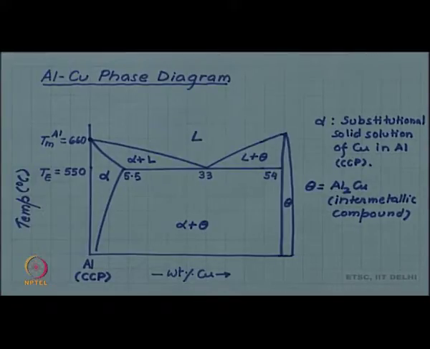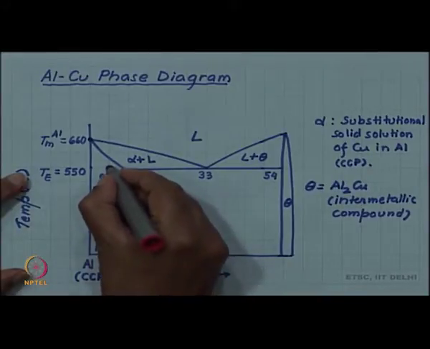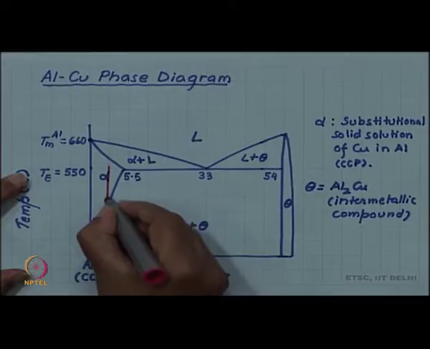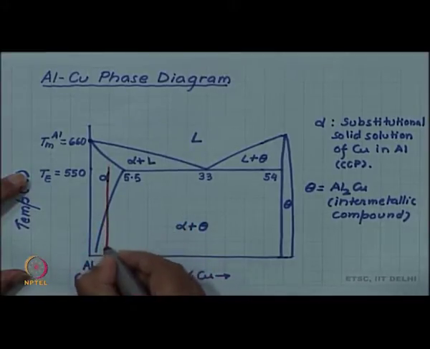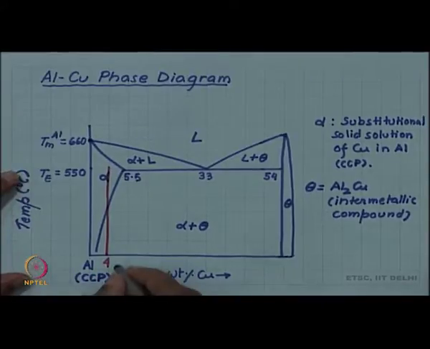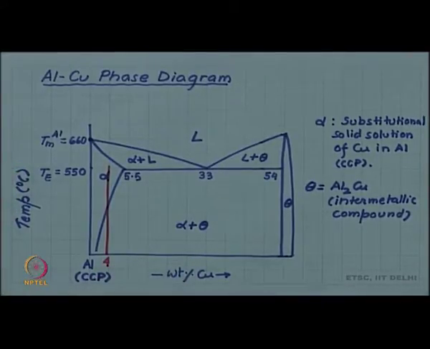Now, let us look at Wilm's alloy in this, that was 4%. So, let us say this vertical line represents 4 weight percent copper. So, this is Wilm's alloy.